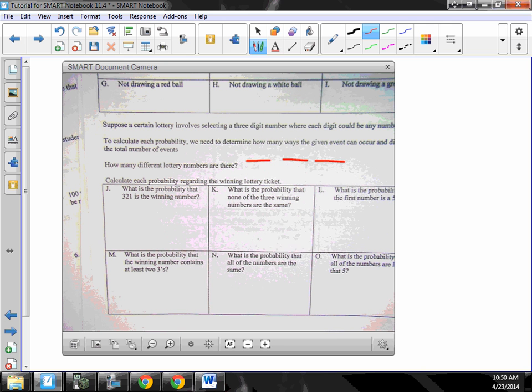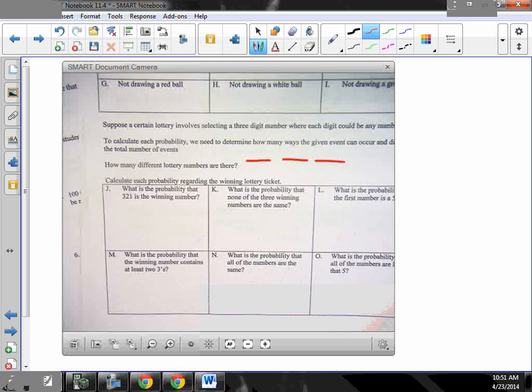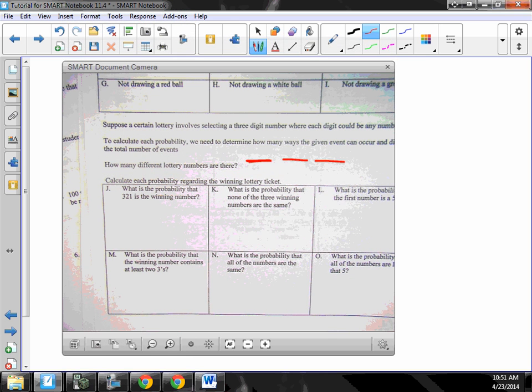Well, let me help you out a little bit with this. Let's assume that the first 2 numbers are 3s. So how many ways are there to put a 3 in the first spot? 1. How many ways are there to put a 3 in the second spot? 1. And then how many options do I have for the last digit? 5.